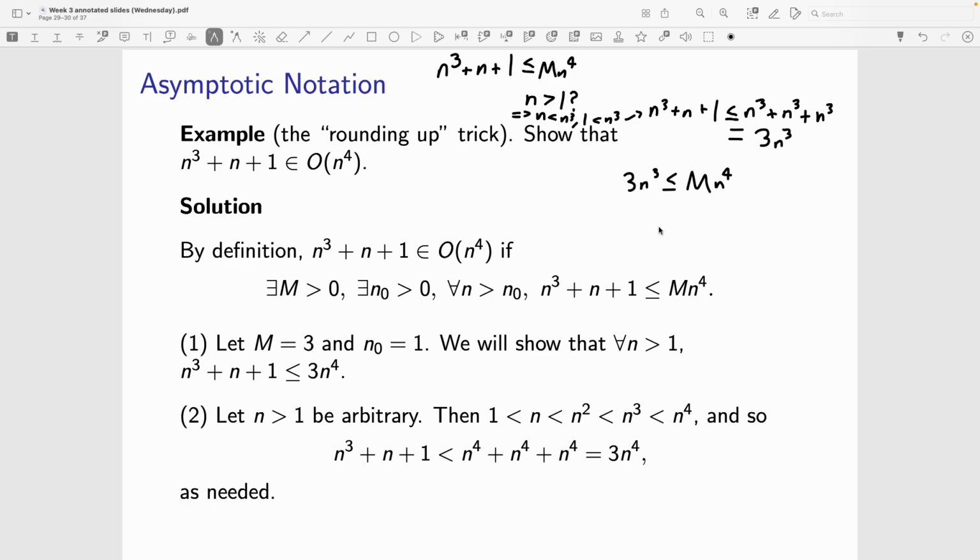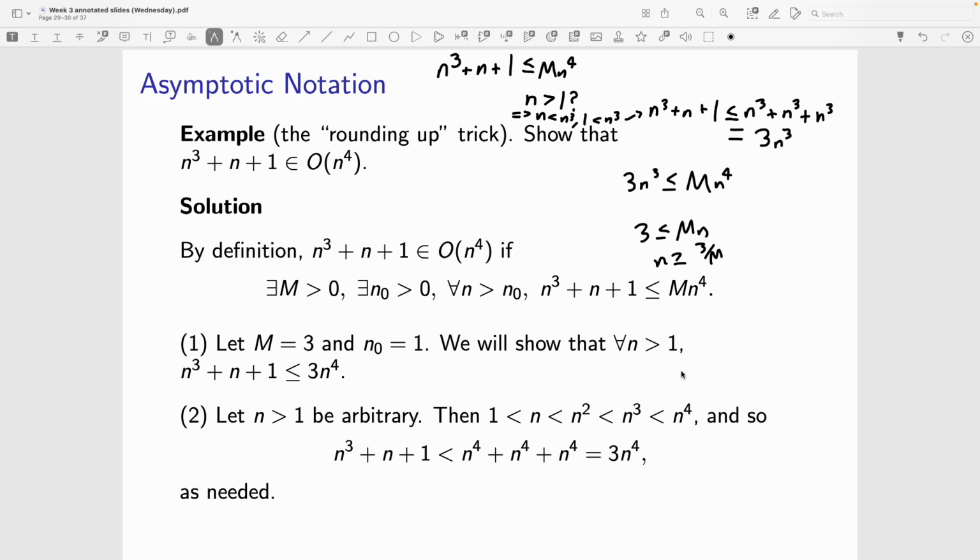So for our next step, we could divide both sides by n cubed to get something like 3 is less than mn, and then n is greater than or equal to 3 over m.